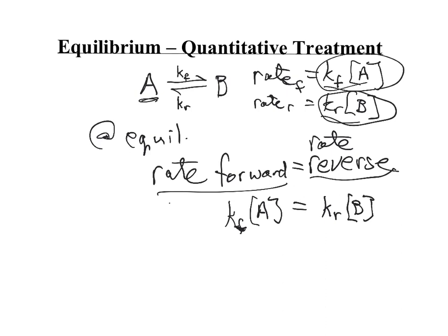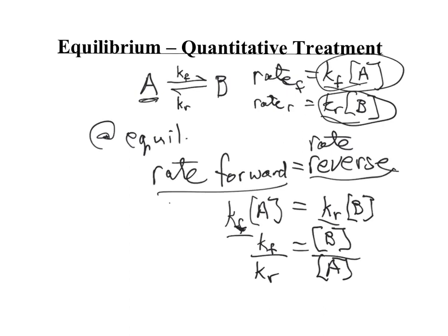All right, so one thing we can do then is isolate the rate constants on one side. So I'll just divide both sides by Kr, and I'll divide both sides by the concentration of A. So what you get from this is a ratio of rate constants equal to a ratio of concentrations. At a given temperature, we know that these rate constants are not changing, so they're constant.